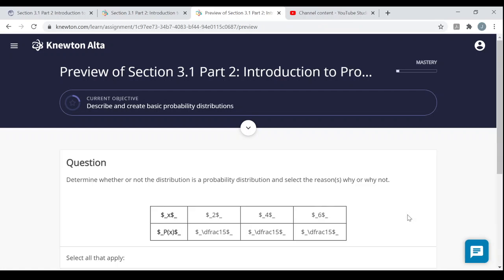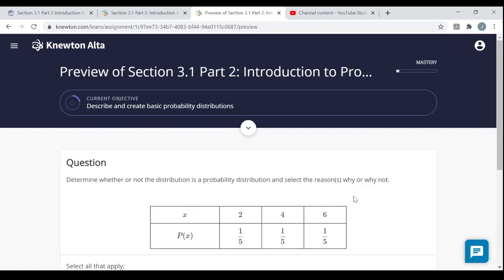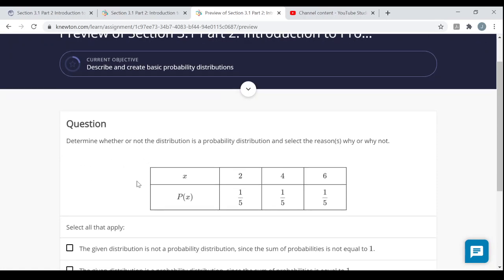Right. So another one. Now this time, they're going horizontal instead of vertical. Don't worry about it. They can go horizontal or vertical, these tables. So again, X will represent some variable, whether it be candy color or height, weight, numbers of cars, I don't know, whatever it represents.